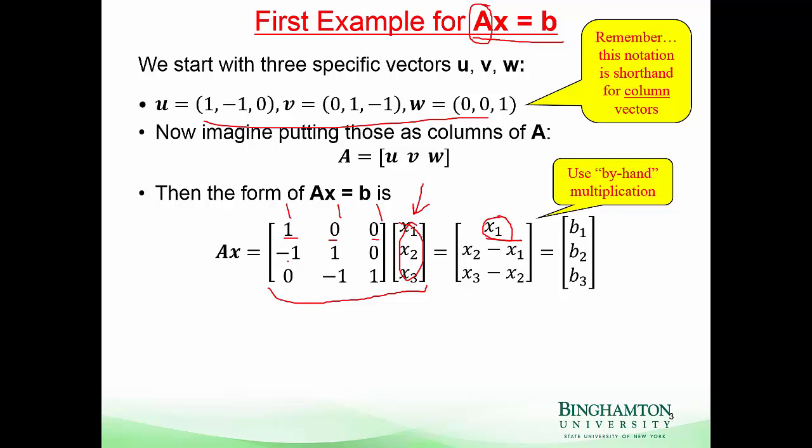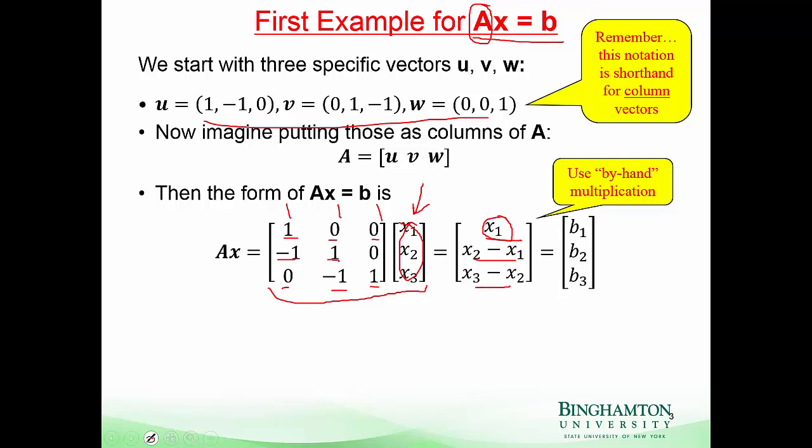And then the next one is going to give us a negative x1 plus an x2, so that's what we have here. And then the next element will give us 0 times x1, negative 1 times x2 plus x3, and that gives us that there.